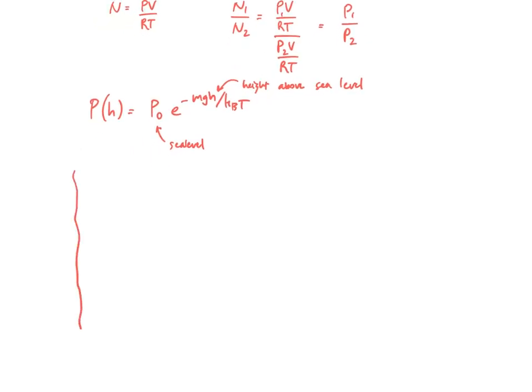All right, the last thing I'd like to point out is that the distribution is going to depend on the mass of the particle. So if I've got along this axis the height, say in kilometers above the Earth, maybe we go 20, 40, 60, 80, something like that.